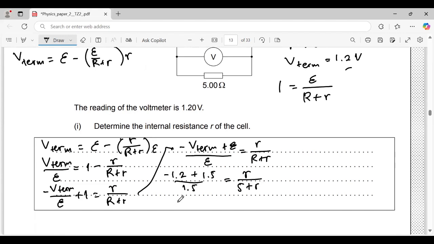This is 0.3 over 1.5 equals r over 5 plus r.